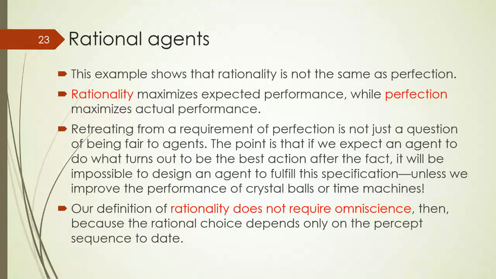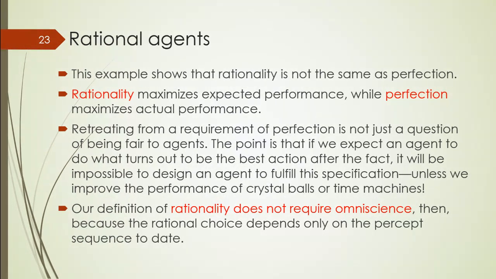Our definition of rationality doesn't require omniscience, because the rational choice depends only on the percept sequence to date. If something is not in the perception of the robot, if it hasn't detected anything, then we cannot blame the AI or agent for that.